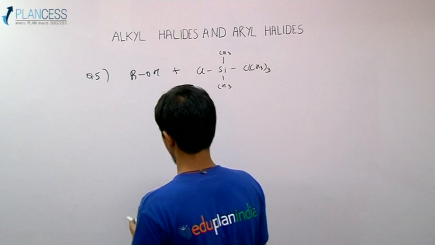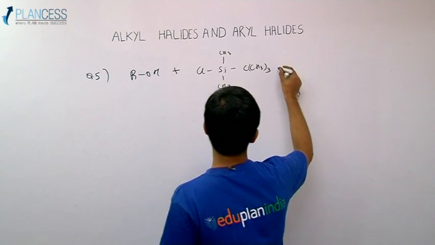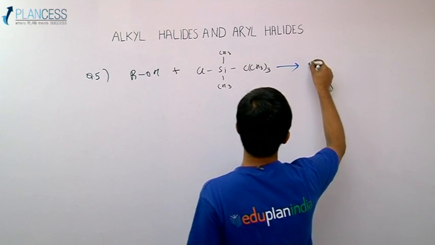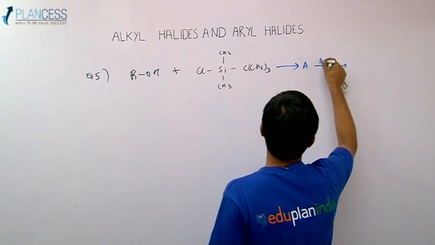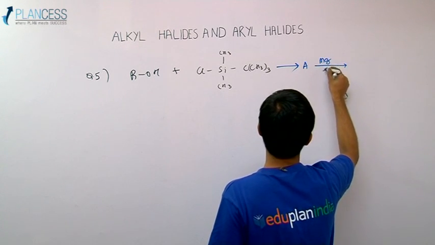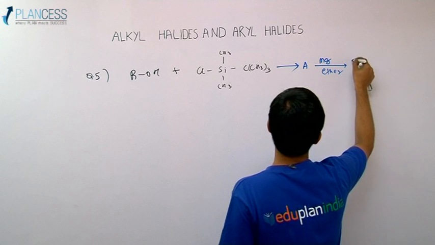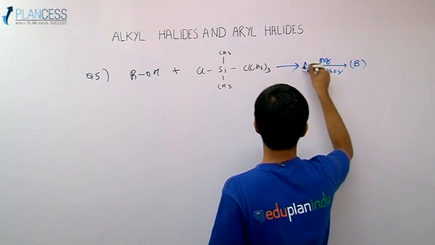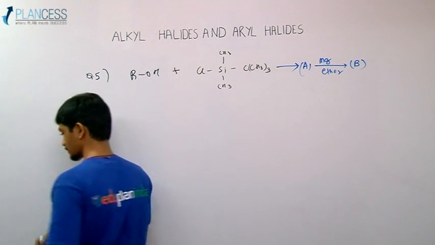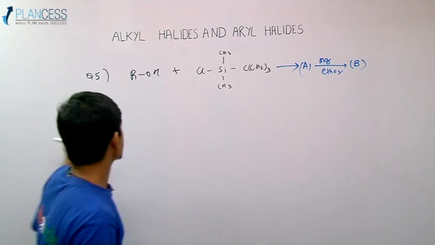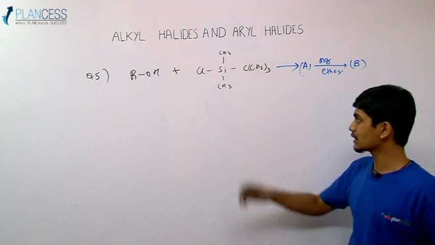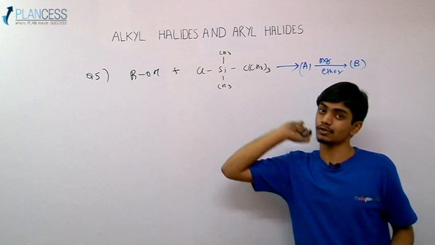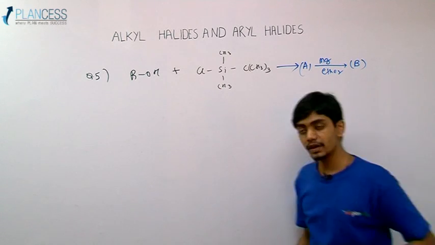Now what you are supposed to do is predict the product A, and if you treat the product with Mg in ether, what is the product B. Fine. Can you do this question? There is an alcohol, there is something which contains a chloride ion, you have to predict the product.